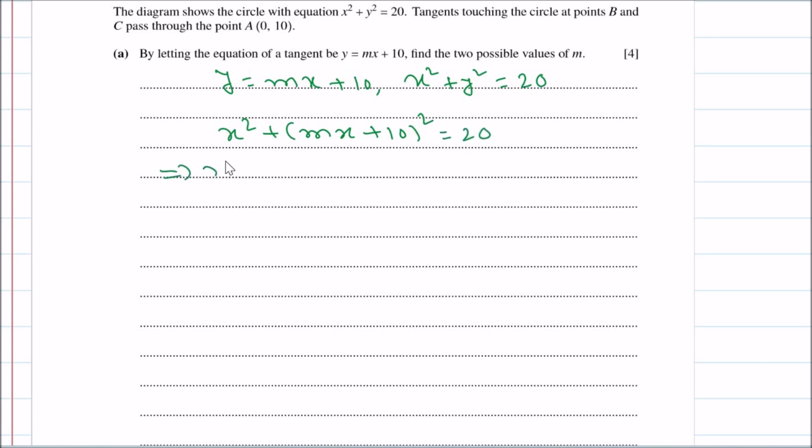Now we simplify. So we get m square x square plus 20mx plus 100. Bring 20 to the left side, so it becomes minus 20, equal to 0.